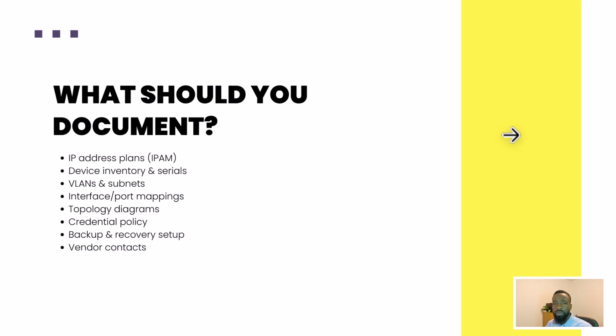You should document vendor contacts so that new intakes or new tech or new talent know who to contact when there's a certain failure. Let's say your ISP circuit fails, they know who to contact to get that back up. So it is very important to have your vendor contacts documented.